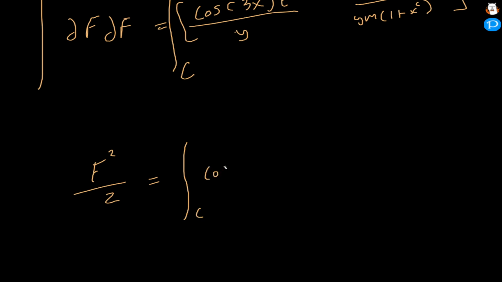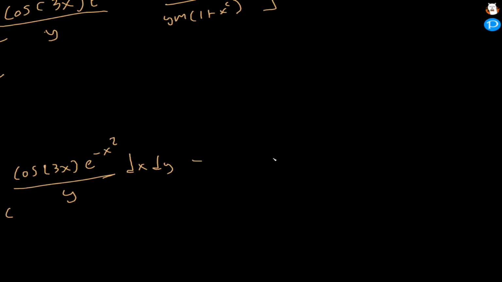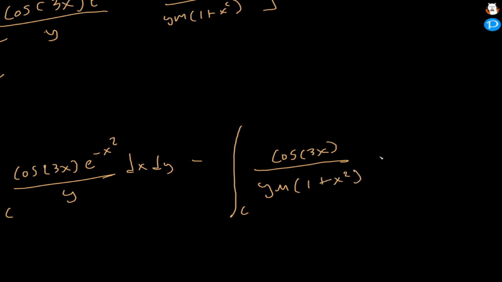And so you have the integral of cosine of 3x e to the minus x squared over y dx dy, minus this integral over C here again, with this cosine on the top and with this y and m at the bottom with the 1 plus x squared, dx dy.